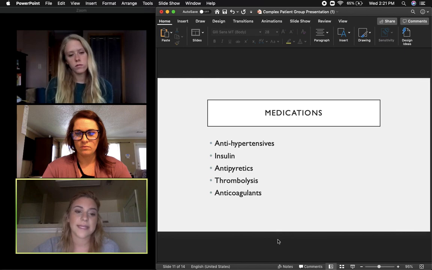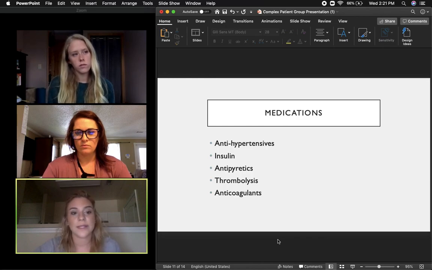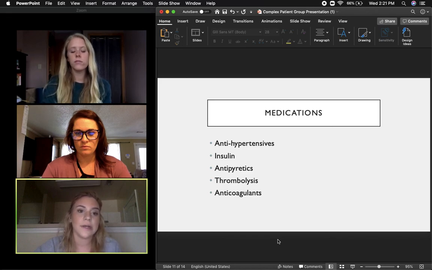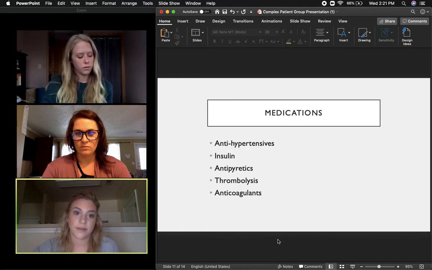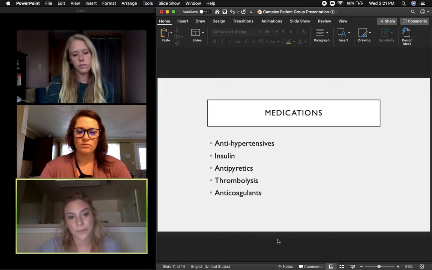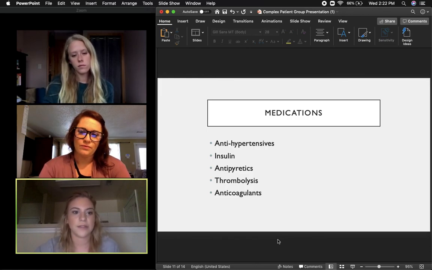In some cases, an IV infusion of labetalol or another antihypertensive might be necessary to adequately control the blood pressure. IV administration allows for careful titration as well. Patients can be treated with oral agents like labetalol or lisinopril, but of course we need to look at if dysphagia is a concern. And again, we just want to watch carefully for hypotension. We want to lower the blood pressure, but keep it in that safe range.